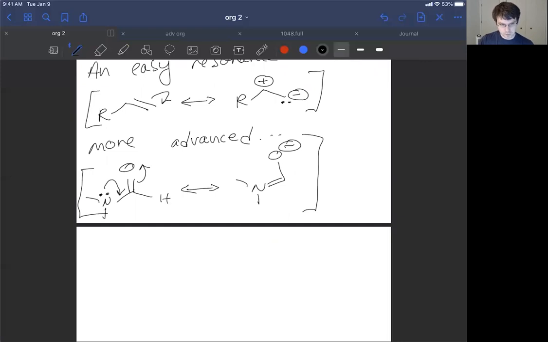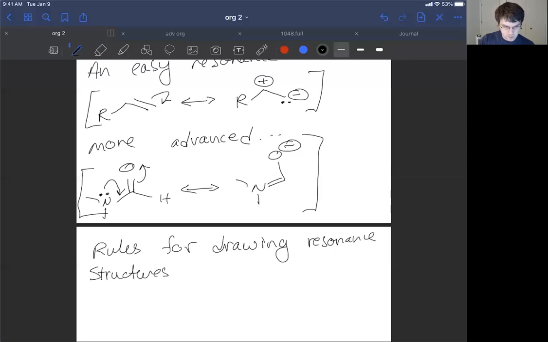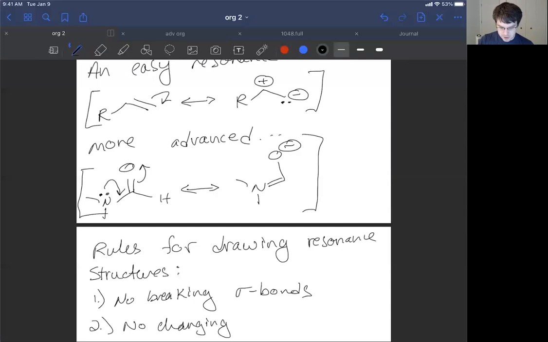Rules for drawing resonance structures are: number one, no breaking sigma bonds. Number two, no changing nuclear position.